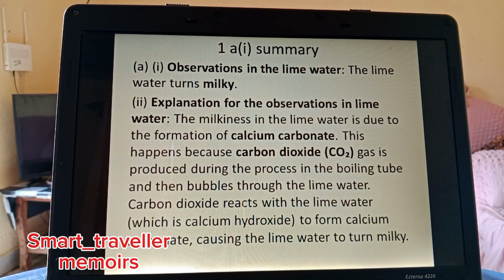This happens because carbon dioxide gas is produced during the process in the boiling tube and then bubbles through the lime water. Carbon dioxide reacts with the lime water, which is calcium hydroxide, to form calcium carbonate, causing the lime water to turn milky.